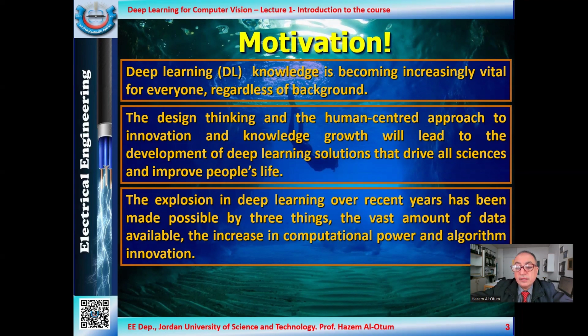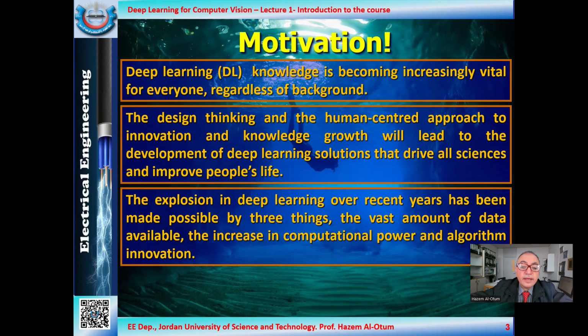This was caused by three main ideas or pillars. The first one is the vast amount of data available. As you know, in the last few years there was an explosion in the amount of data that is required for transmission, for reception, for storing, and to be processed and tackled.